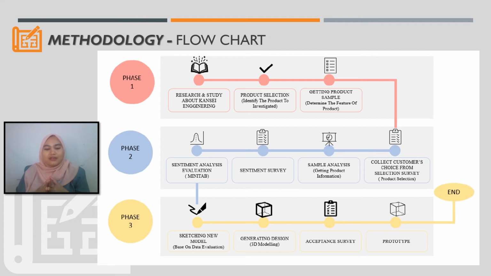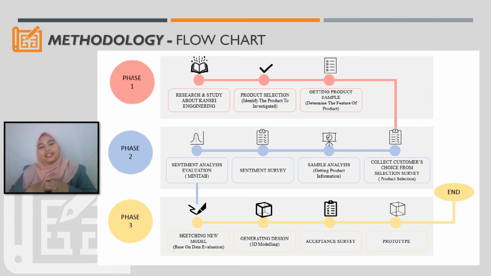In this phase, first thing we do is sketch a new model from the data that have been evaluated, and then after we finish the sketching, we generate the product design.